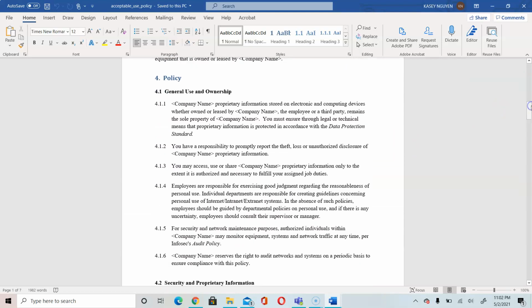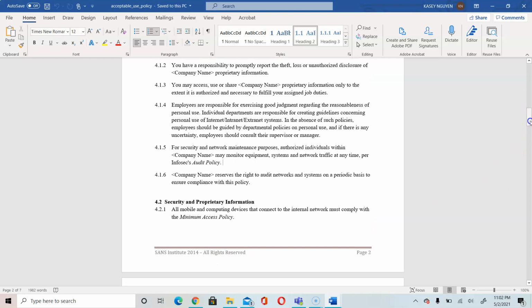In the policy area, we state what is allowed for access, what is allowed for sharing, and what the responsibility of the users and employees is, also pertaining to security and network. If there's any additional policy like this, we would want to include that.